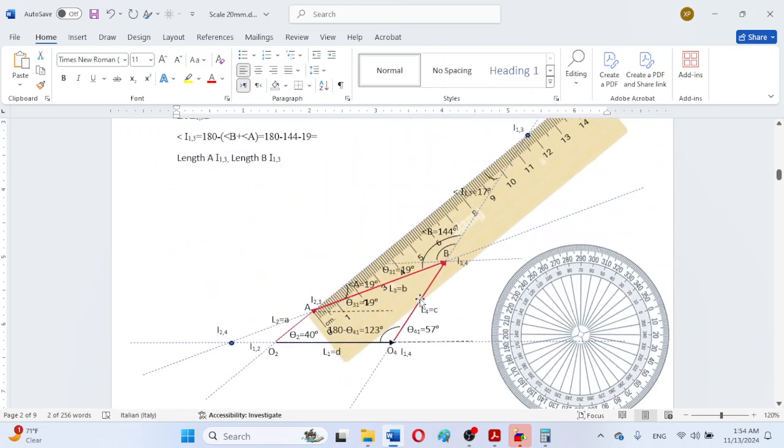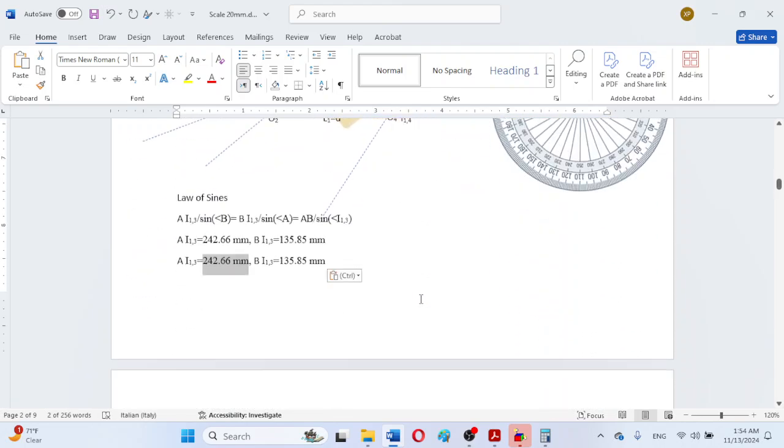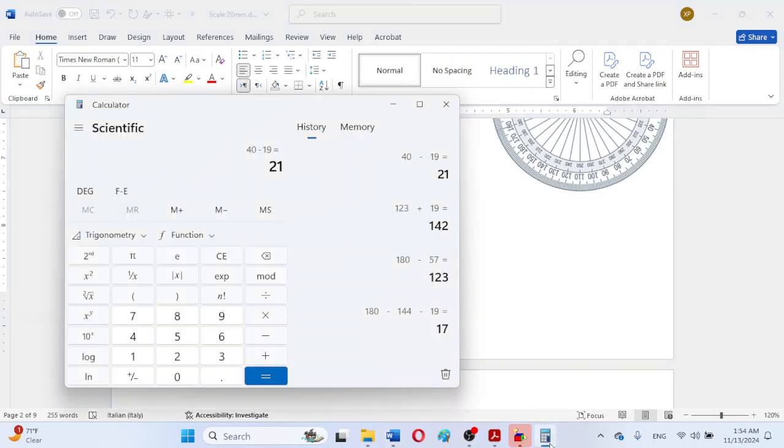As we can observe, according to scale the length is 11.8, and we will be multiplying it with this 20, because 20 millimeter is equal to 1 centimeter. So as we can calculate here, 11.8 multiplied by 20.